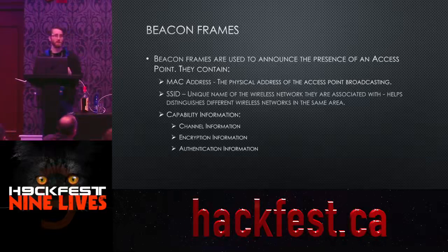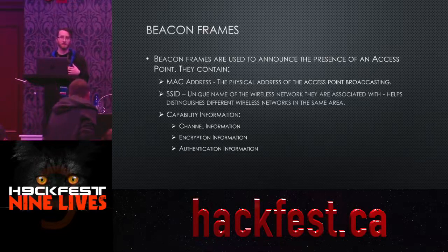They also contain information about the encryption, the channel that they sit on, as well as other authentication information. This information is sent out unencrypted, allowing clients to see it, and if they need to, they can connect. They know that this is the network in this area that they want to connect to.